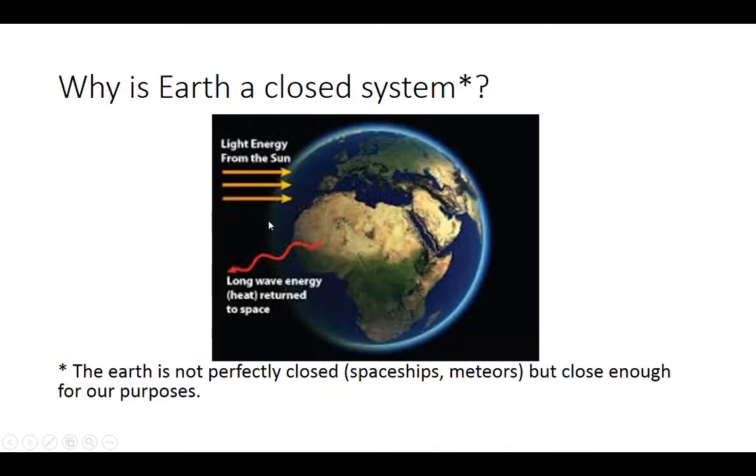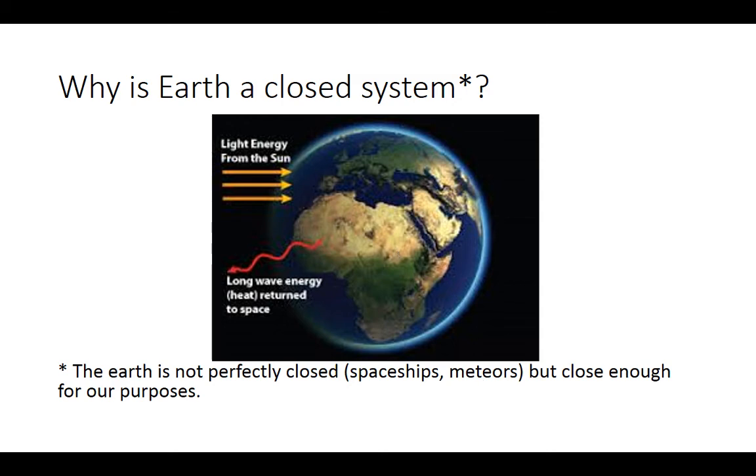So we get energy from the sun, and energy from the sun can leave Earth in the form of heat. I put a little asterisk because technically Earth is not a perfectly closed system. Things do leave the Earth. Spaceships, we send stuff into outer space, and stuff from outer space comes to Earth occasionally, in the form of a meteor or asteroid.